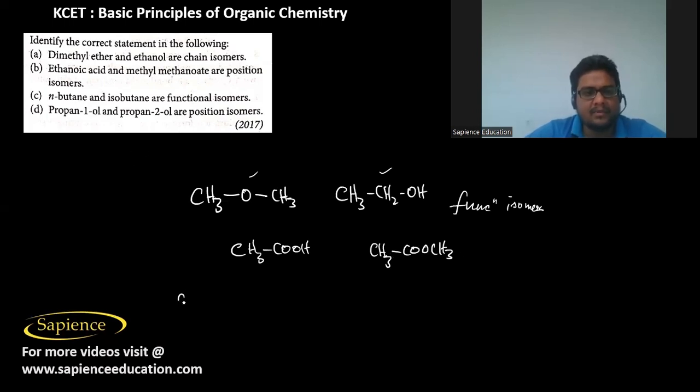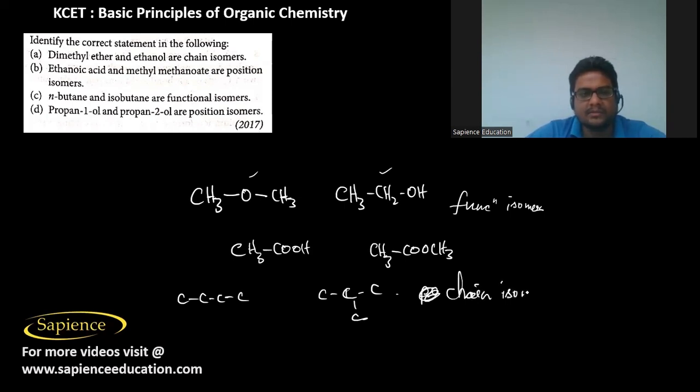Then n-butane and isobutane, they are functional isomers? So they are not functional isomers, they are chain isomers since the length of the main chain is not the same.